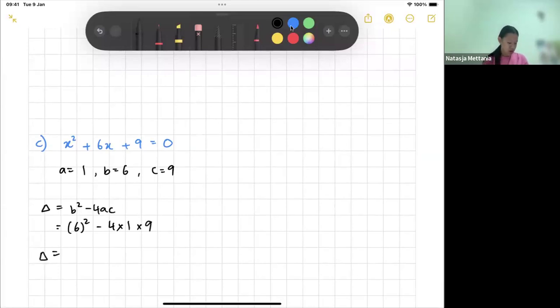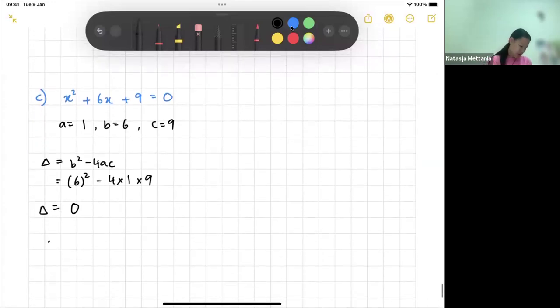Put that all into the calculator, and it should give me 0. If my discriminant is equal to 0, looking back at my notes, that means there is one real solution.